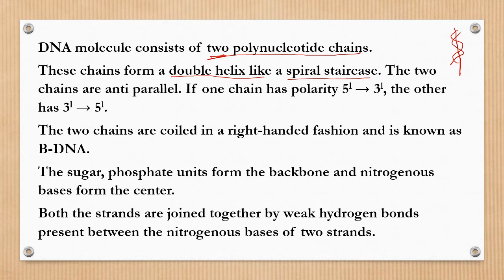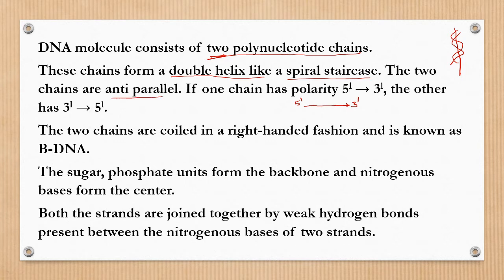Now the two chains are anti-parallel. Just now we said the polynucleotide chain is present in the 5 to 3 direction. Now we are saying that it is anti-parallel.